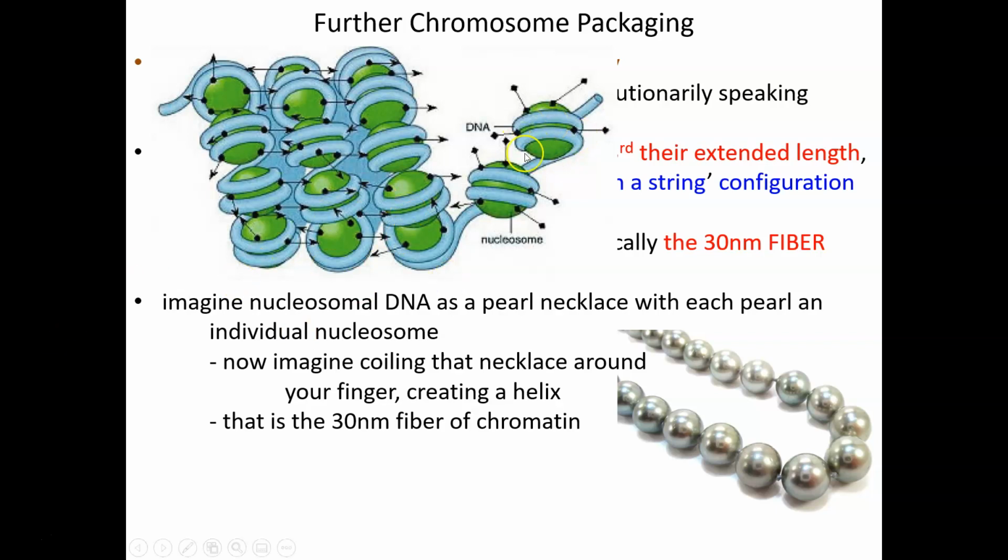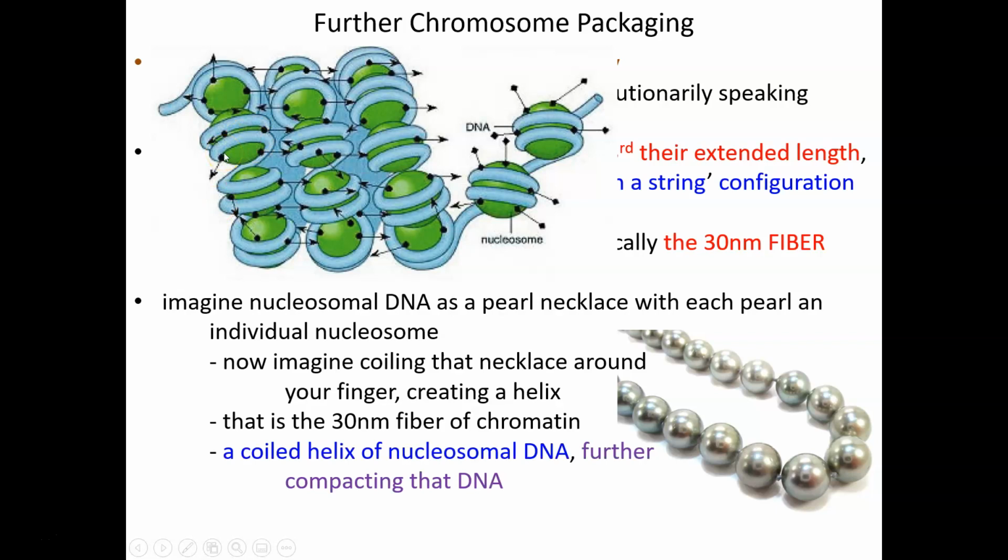This is nucleosomal DNA. The histone core here is in green, and the DNA itself is light blue. And we're taking that long extended beads on a string configuration and we're wrapping it or coiling it into the 30 nanometer fiber. So the 30 nanometer fiber is a coiled helix of nucleosomal DNA, and now we're getting to some real compaction.